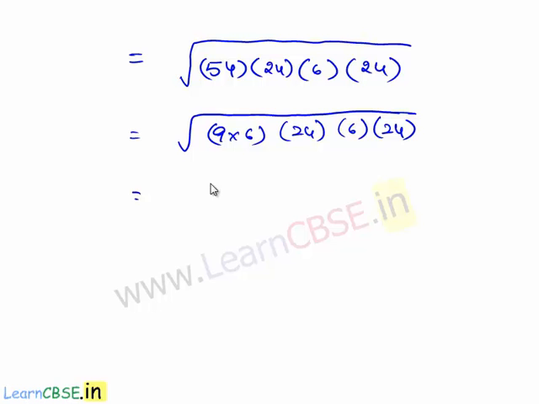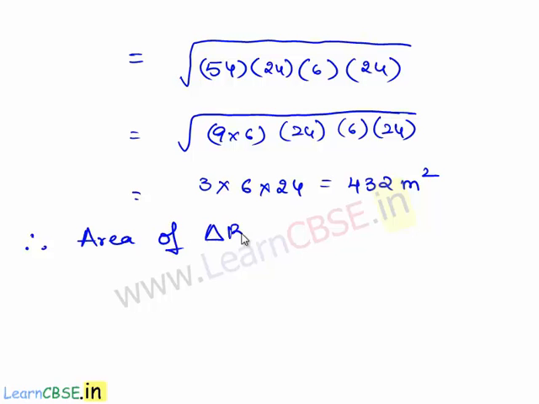So we bring out the perfect squares from the square root. We are left with 3 times 6 times 24, which is equal to 432 meter square. Therefore, area of triangle BCD is equal to 432 meter square.